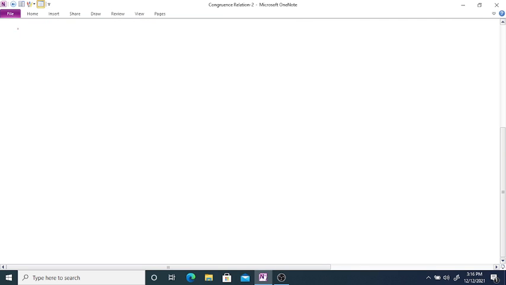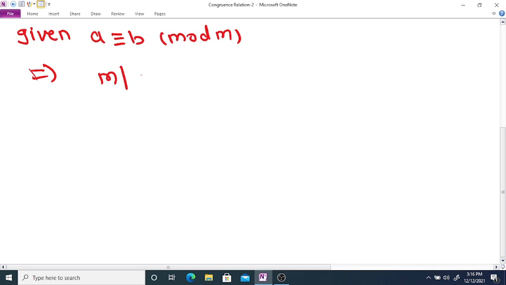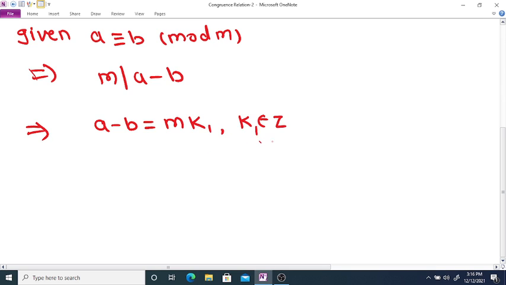So now, given A congruent to B modulo m, from this we can write m divides A minus B. From this we can write A minus B is a multiple of m, so it is equal to m k1 for some k1 belonging to Z. Say this is equation number 1.